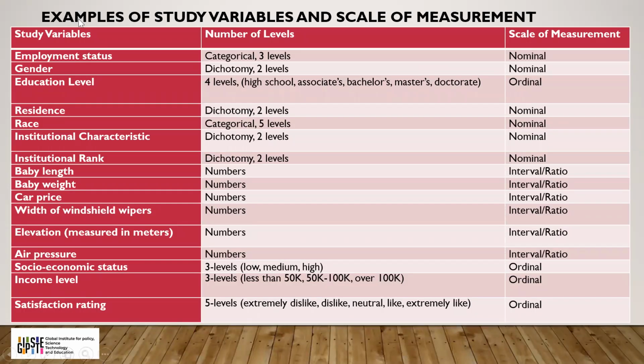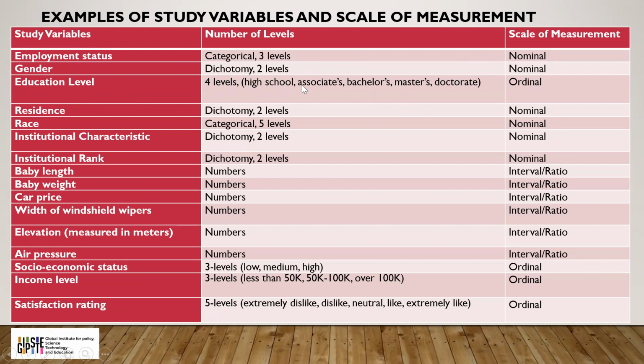Let's look at some examples of study variables and their level of measurement. We have employment status, which is categorical, 3 levels. So you see it's nominal. Gender is dichotomous. It has 2 levels. That is binary in nature, nominal. You have education level, you have 4 levels.